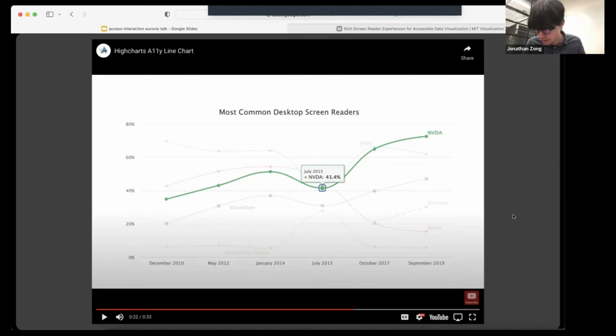This is definitely helpful, but it's still very much like a data table. It's very low level, right? You're still reading off individual data points, so you don't have control over the level of detail that you're reading. It's harder to zoom back out into the high level summary that maybe an alt text would give with only this interface.